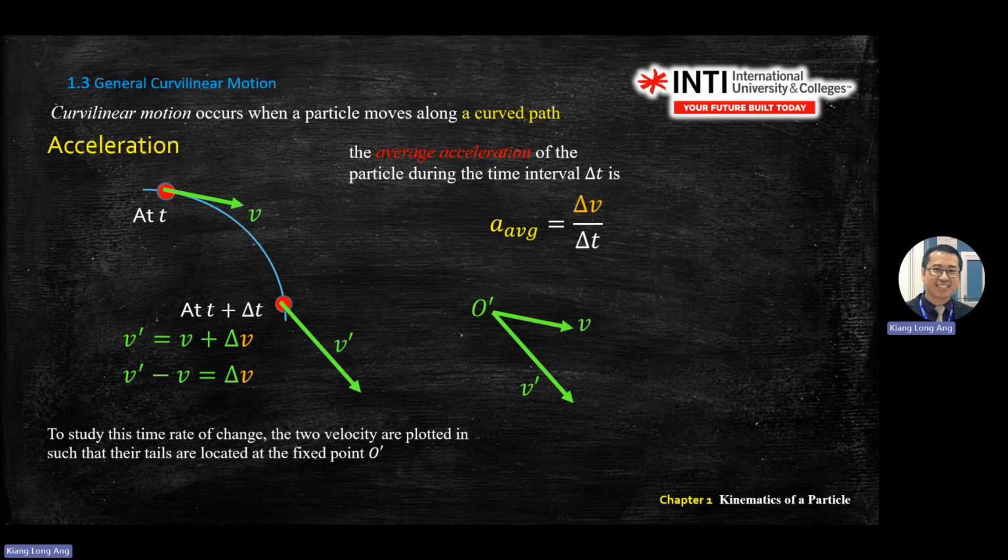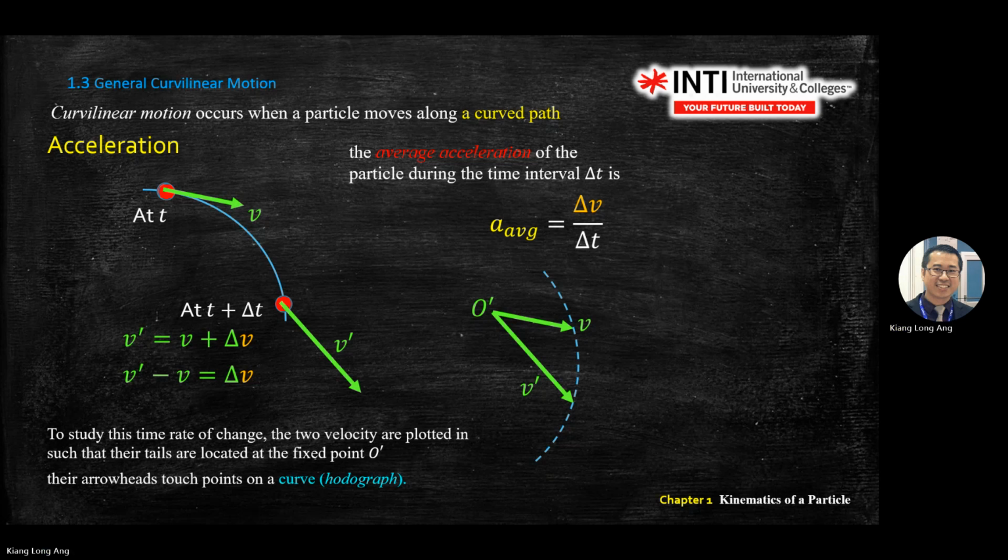So here, like the one you see on the screen, we pull the vector out, and this O prime here actually is on the hodograph. The dotted blue one is a hodograph, meaning it's an imaginary curve from the fixed point. You pull this one, and then you combine them at the fixed point.